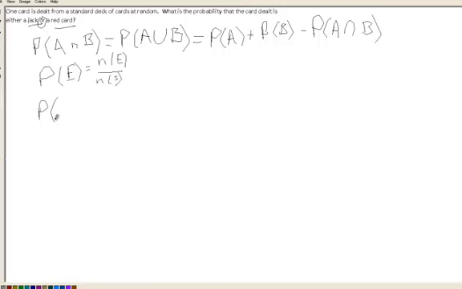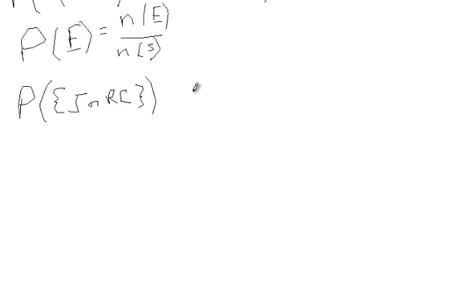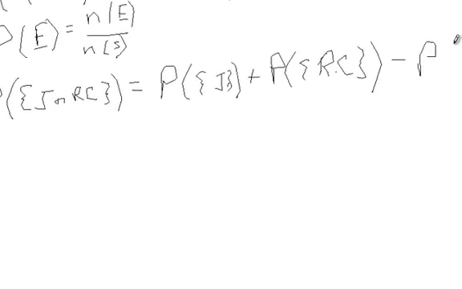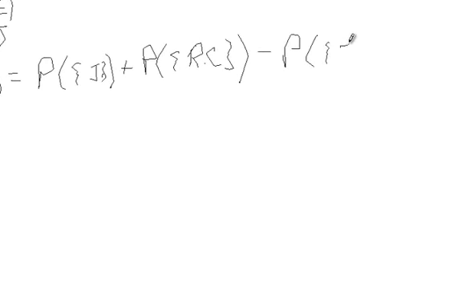So the probability of the event of getting either a jack or a red card, well, that's equal to, we've got the word "or," so we can split this up as the probability of being dealt a jack plus the probability of being dealt a red card minus the probability of being dealt a jack and a red card.